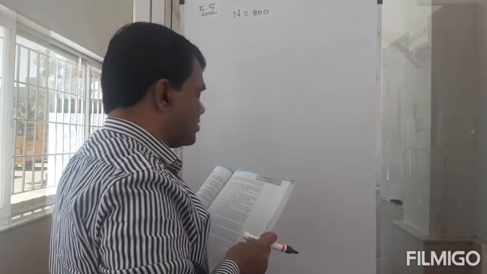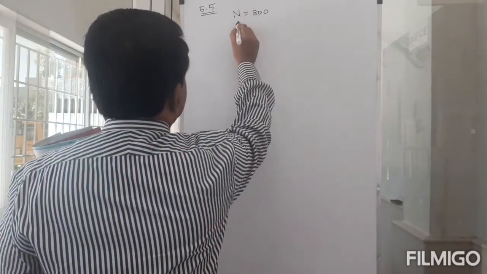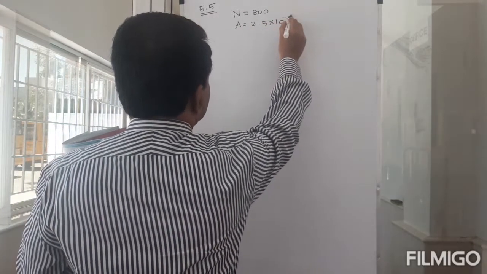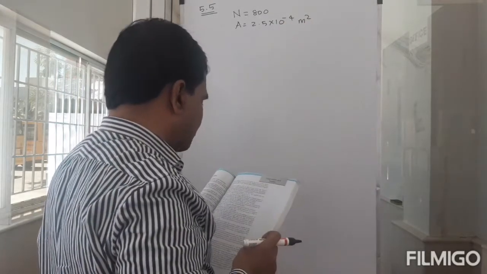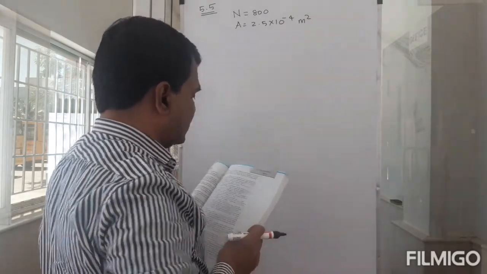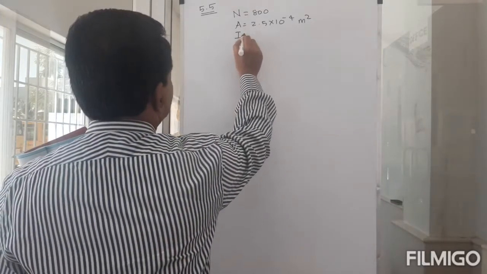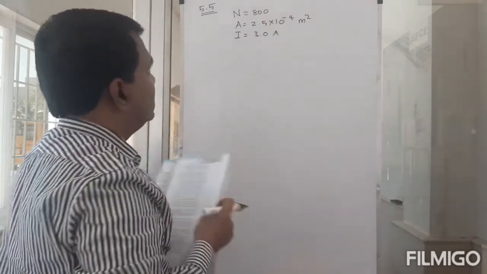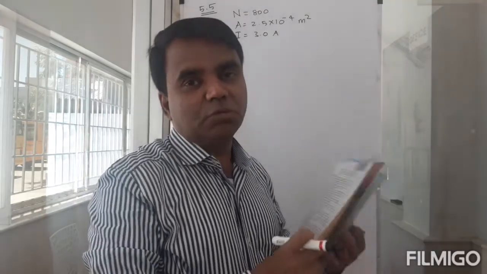And then the area of cross section is 2.5 into 10 to the power minus 4 meter squared. The third part is the current is 3 amperes. So I is 3.0 amperes. Now the question is, what is its associated magnetic moment?